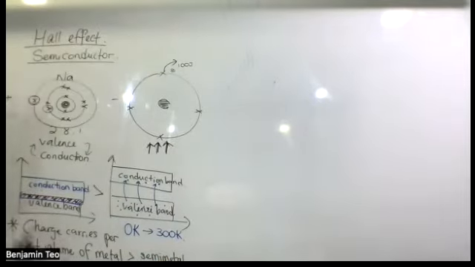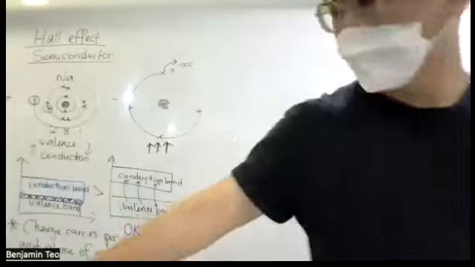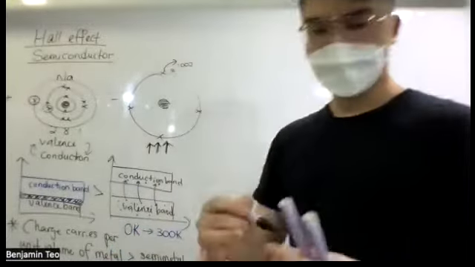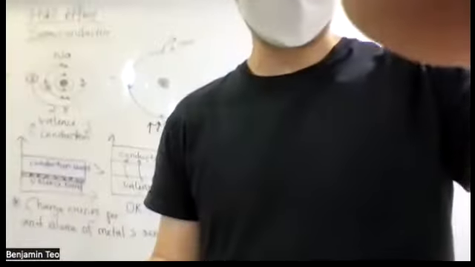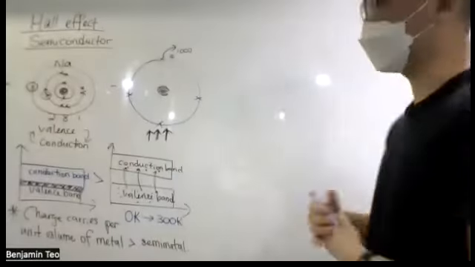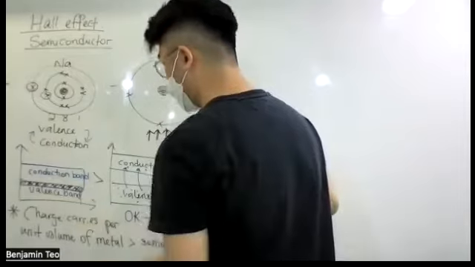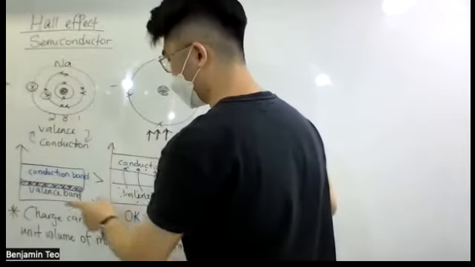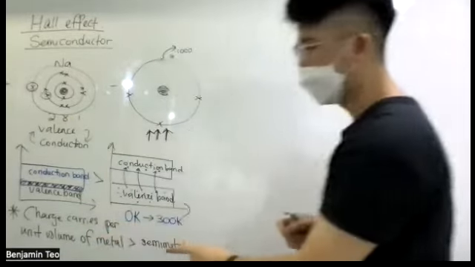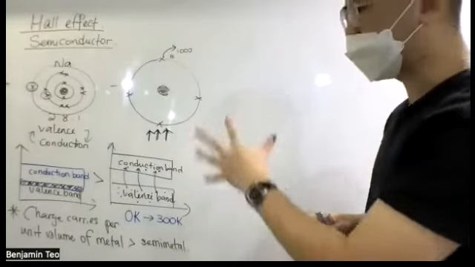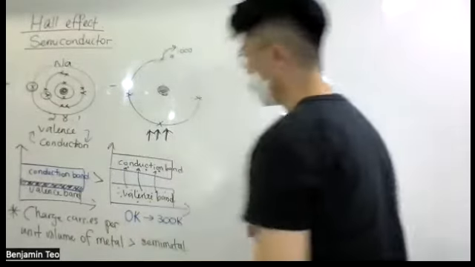Okay, take note of this, because later when I go to the Hall effect, you'll see why. This affects the Hall effect. So what is the takeaway for this one? The charge carriers of the metal, or we say the conduction electrons of metal, per unit volume is higher than semi-metal.